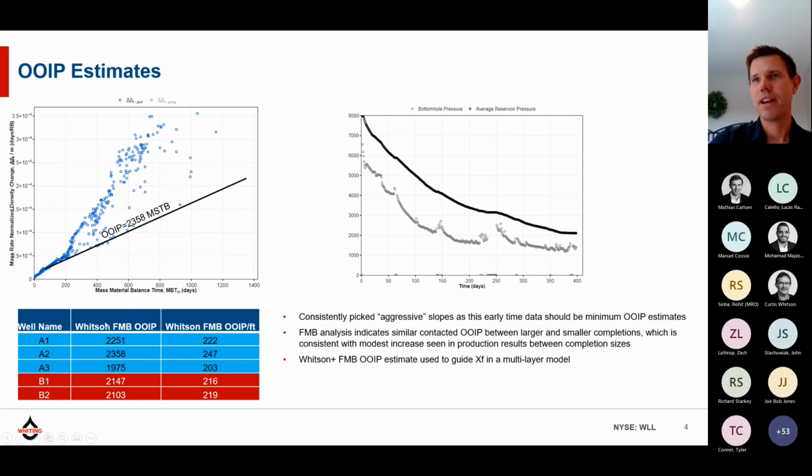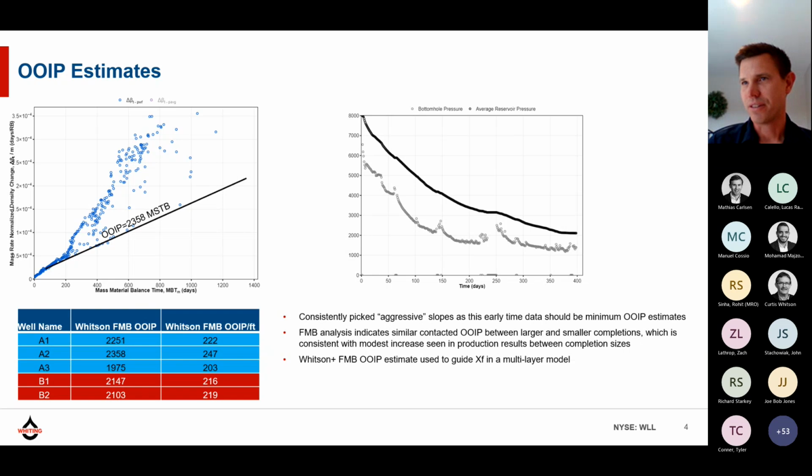The table down here in the lower left has the OIP estimates for each well. I feel like they're comparable because I tried this aggressive slope picking for all of them. So if nothing else, they're comparable, maybe not accurate, but I was going for comparable.